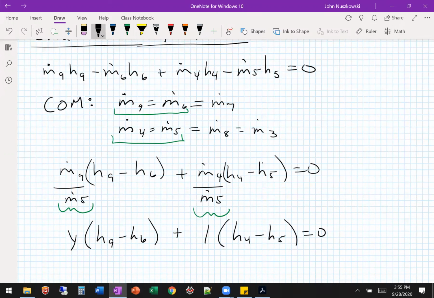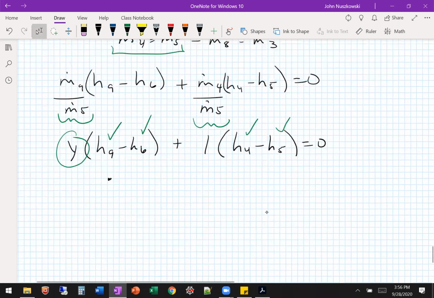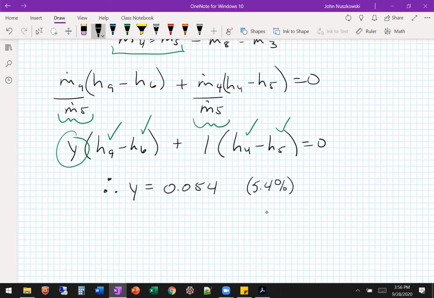And we already grabbed all our enthalpies. So the only unknown in this conservation of energy is Y, right? So you can rearrange and solve and get that. We are pulling 0.054, right? 5.4%. This is being pulled and extracted in the first extraction stream.